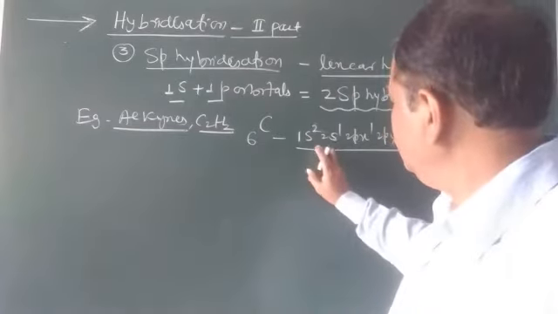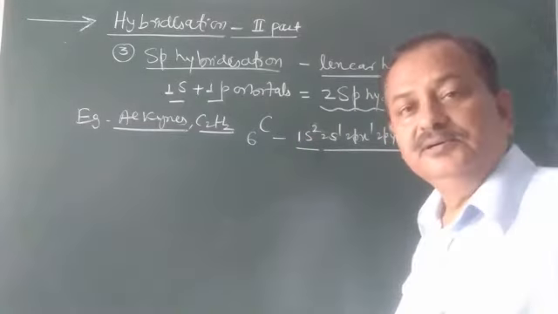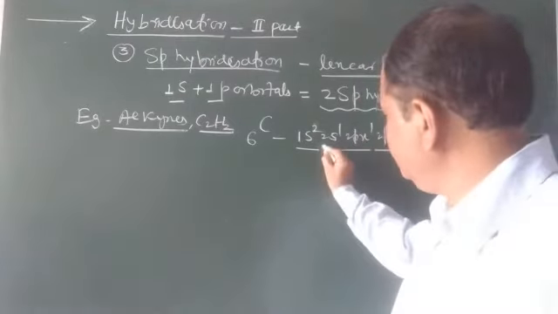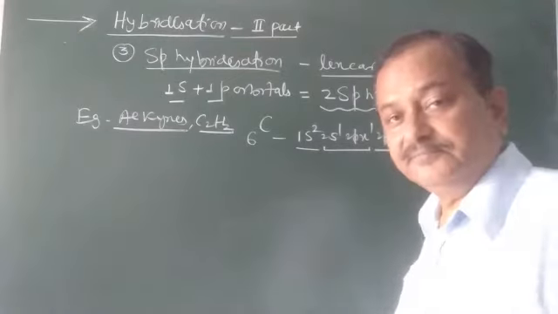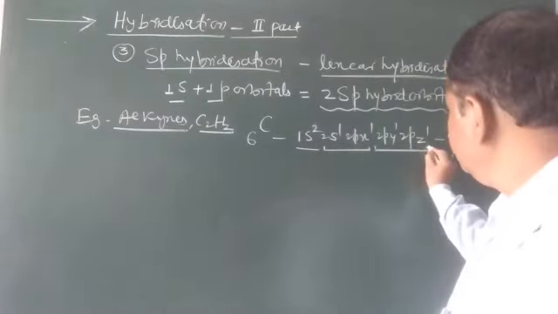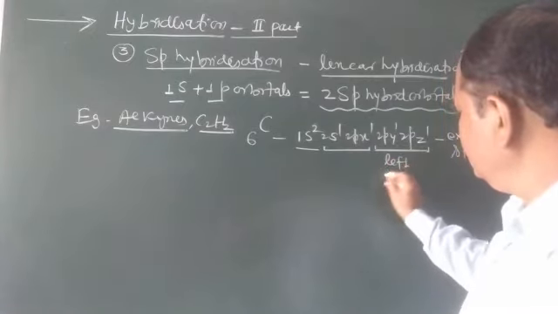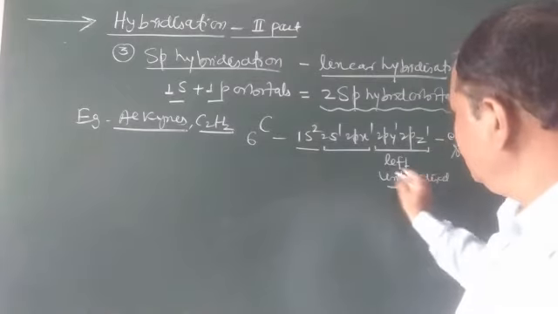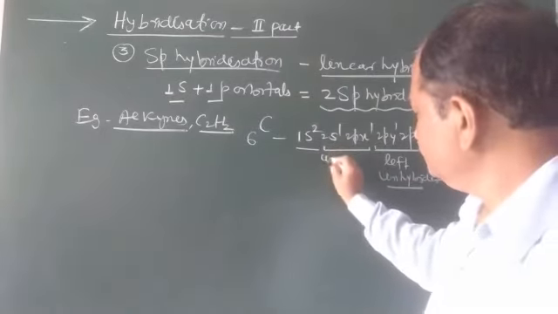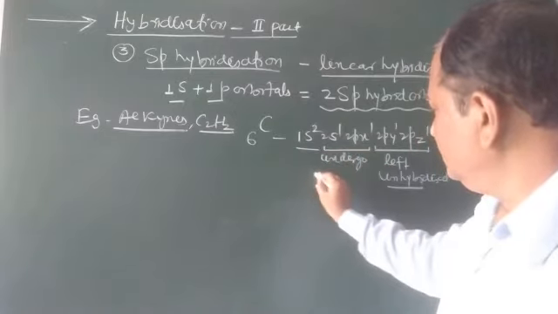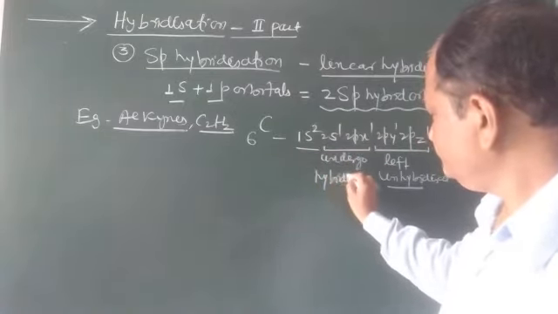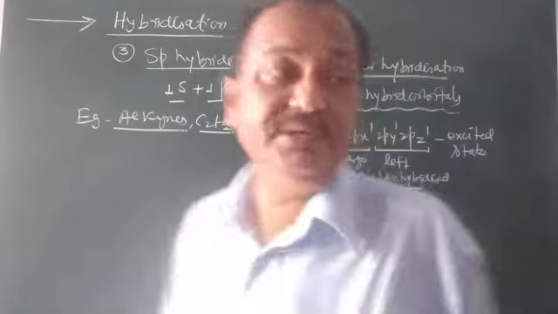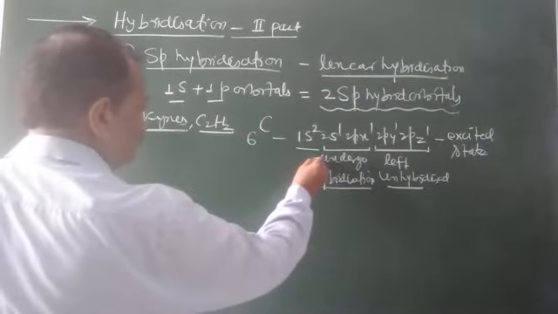Now here, the 1s is fully filled. Two orbitals undergo hybridization, and these two are left unhybridized. Now see how it happens.